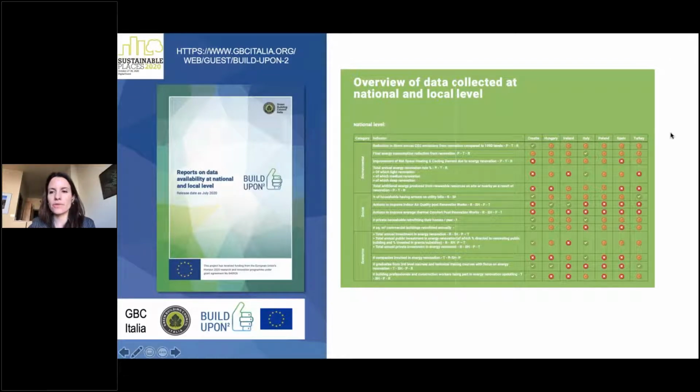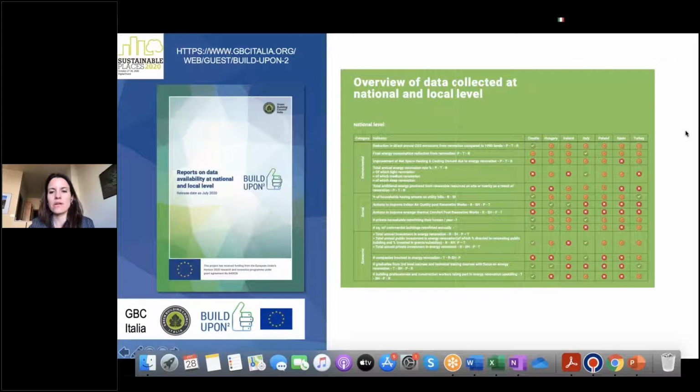As you can see from the table, this is the table at the national scale. From a first review at national level, very few data, the ones with the green circle, were already collected in some of the countries, but most of the data were not collected, and also a good part of them was collected, but in a different way than how it is asked by our framework.